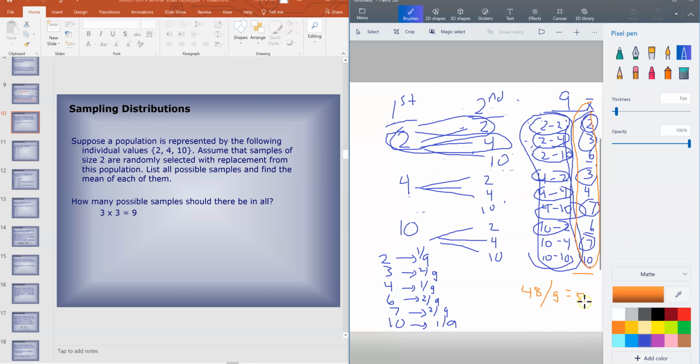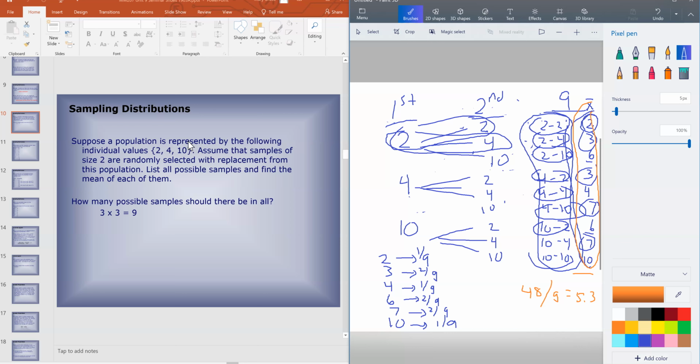So that is just meant to show you that if you average up all the sample means, then it will always equal the mean of the entire population. And remember at the beginning, I showed you that the mean of the population by just averaging the numbers 2, 4, and 10 was also 5.3. That will always happen.